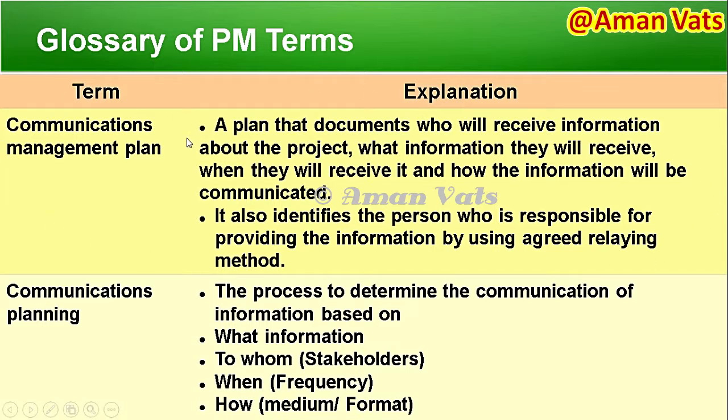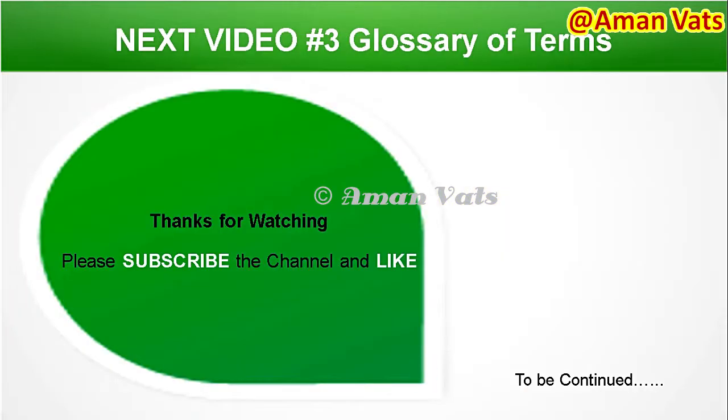What frequency the status report will be sent, what frequency senior management review will be carried out, what the mode of senior management review will be, what frequency the cost will be updated to the management: all these are part of the communication management plan. It is the process to determine the communication of information based on what information, to whom it has to be sent, when, what the frequency is, and how, what the medium or format is: hard copy, soft copy, delivered through video conference, delivered through web series, or so on.